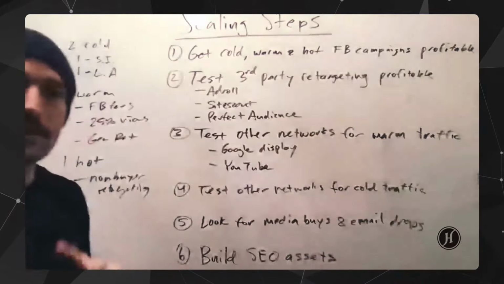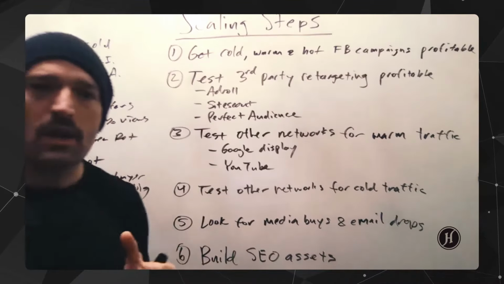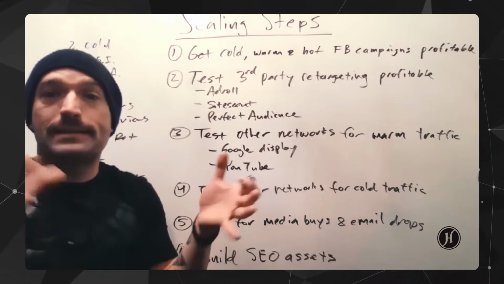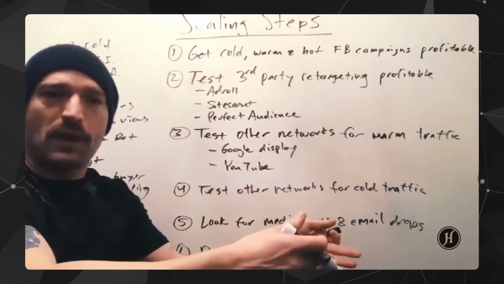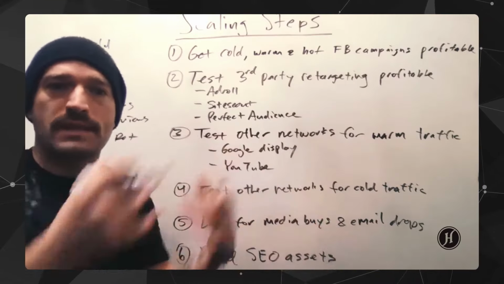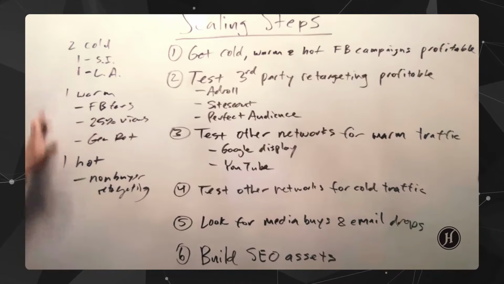If it's purchasing a product, be non-buyer. If it's becoming an applicant for a high-ticket coaching program, then it's non-applicant. We're just trying to get people to take that final step in our funnel before they take the action that we want them to take in that funnel. Right? So this is our normal campaign structure.